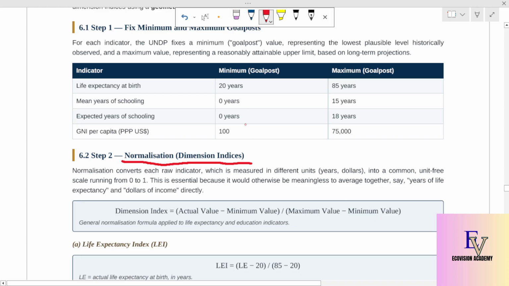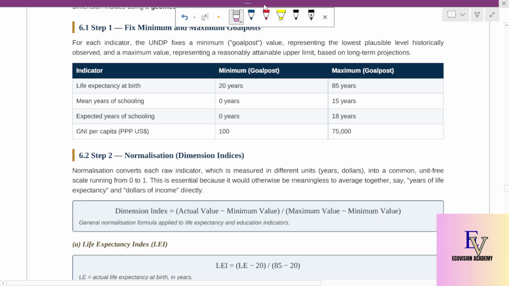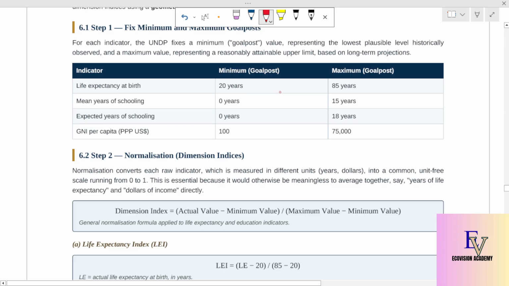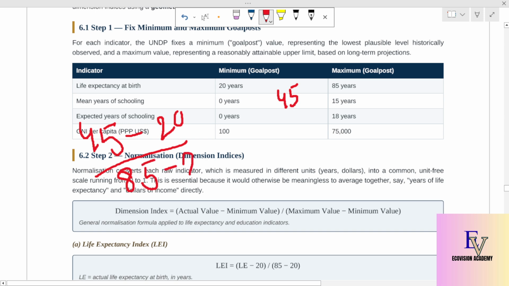Okay. So suppose a person is having a life expectancy of, let me say, 45 years. So what will be the formula? Actual value minus minimum value. 45 is the actual value minus minimum value. What is the minimum value? 20 years, divided by maximum value. What is the maximum value? 85 minus the minimum value, which is again 20.